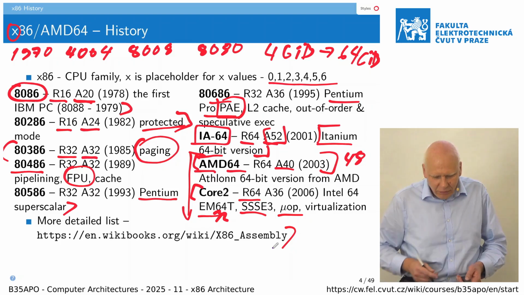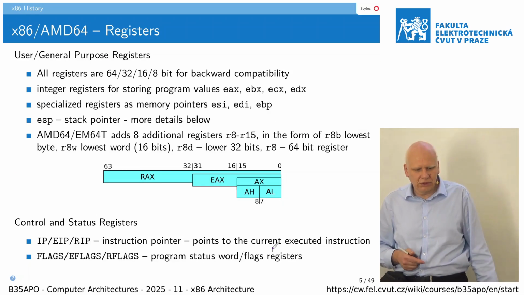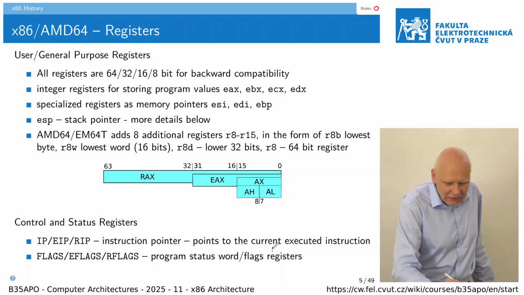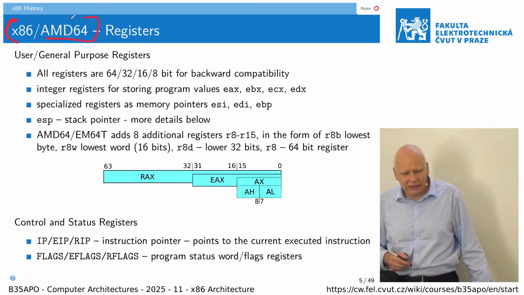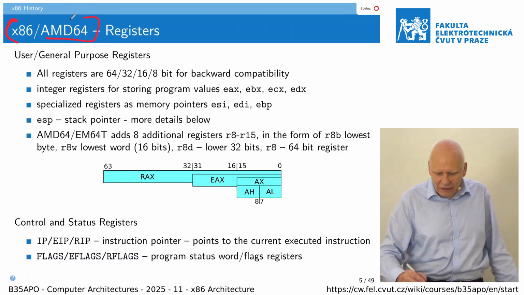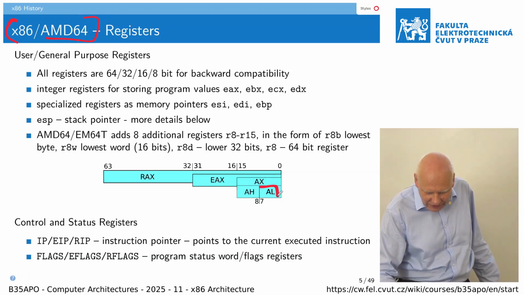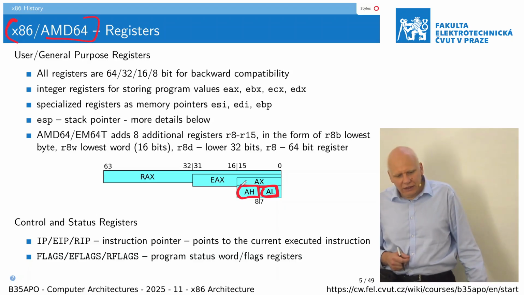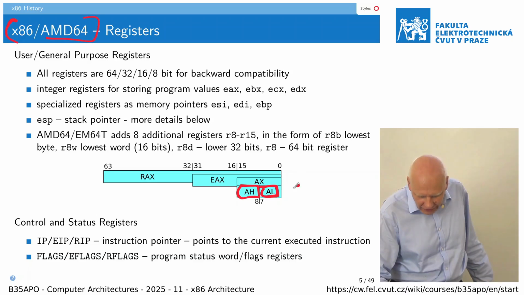Okay, there is a little more detailed list, but you can go even deeper to the detailed list. And if you look at that 64-bit variant of the x86, then it holds all that heritage. So you can see this AL and AH are heritage of the 8080.